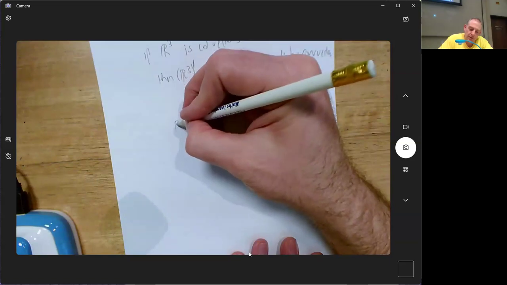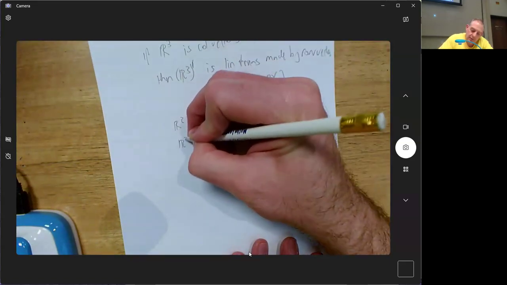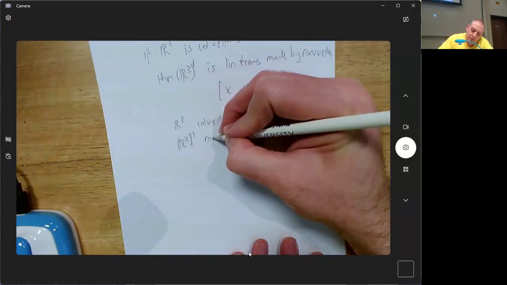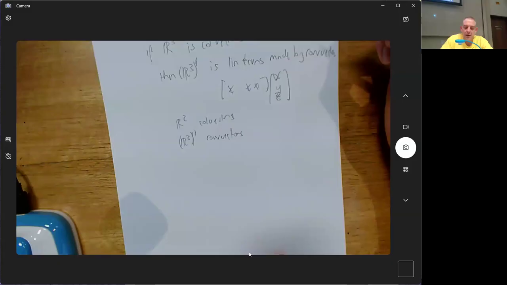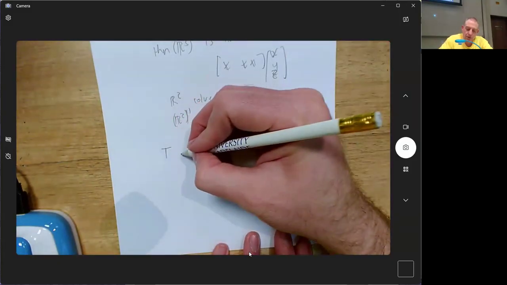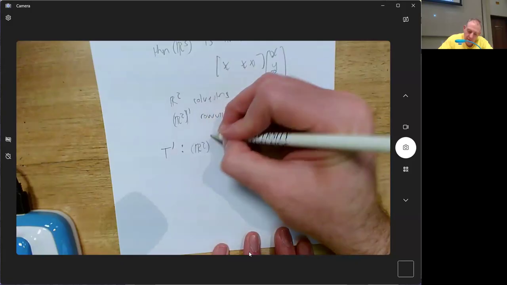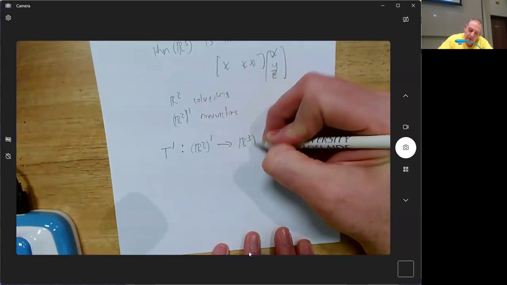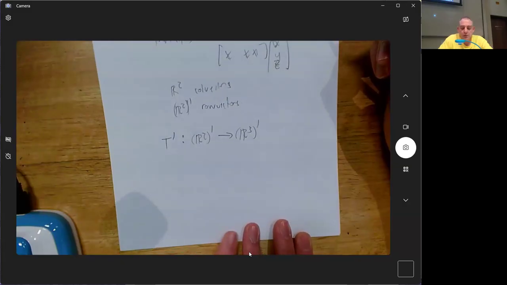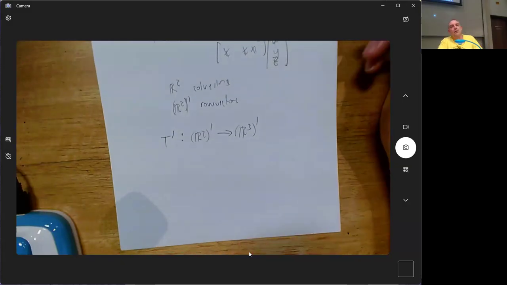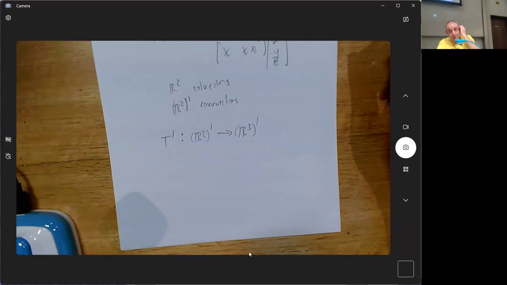And the same for R2: column vectors, R2 dashed, row vectors. Then if you want a transformation that goes from R2 dashed to R3 dashed, you need to multiply your row vectors.